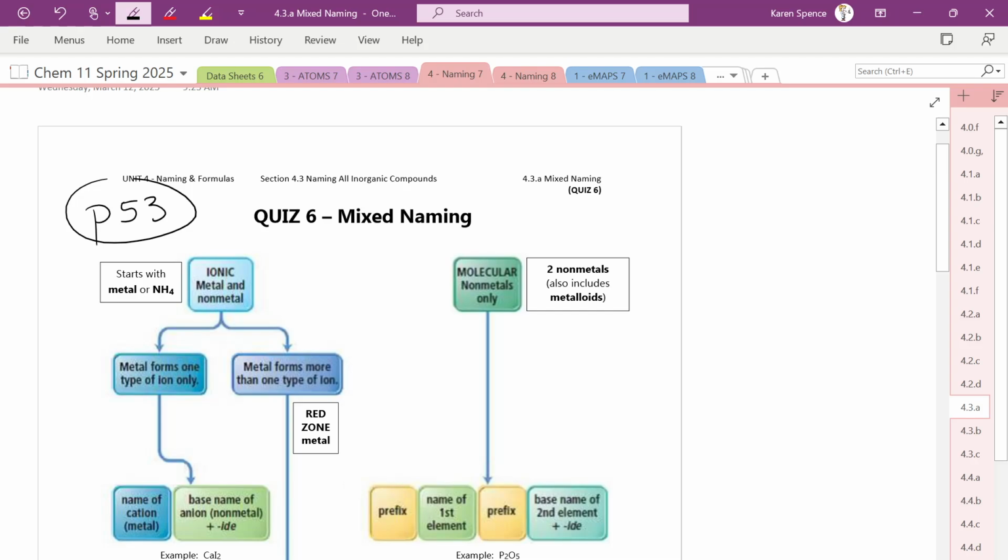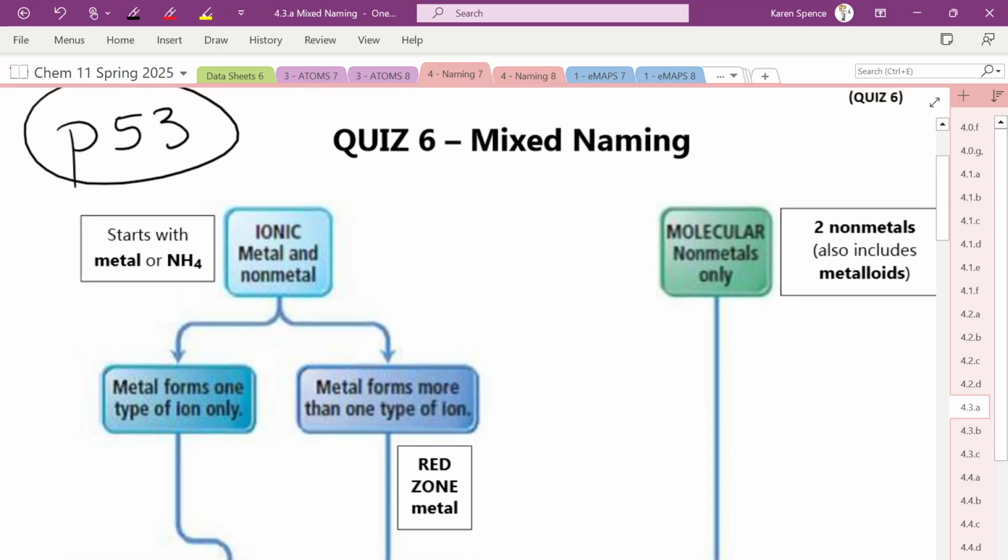Okay, and we have ionic compounds, and the only thing we're adding in is the covalent compounds, or molecular compounds.